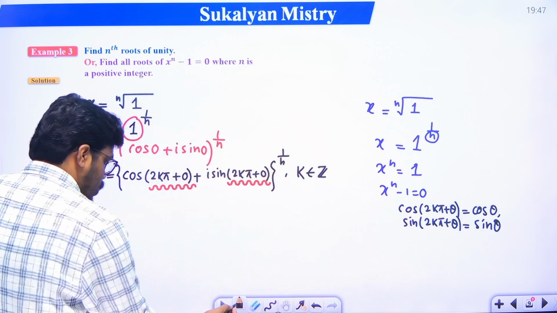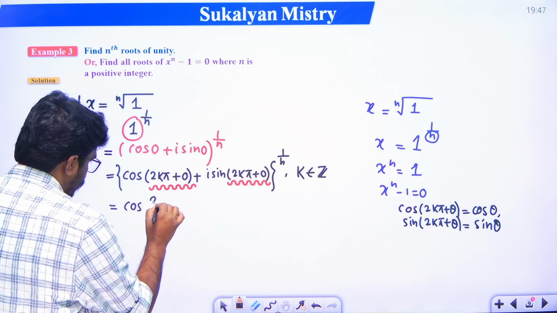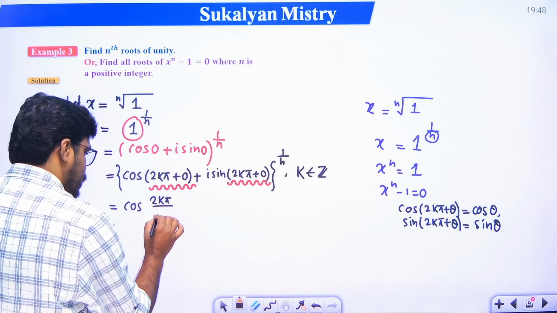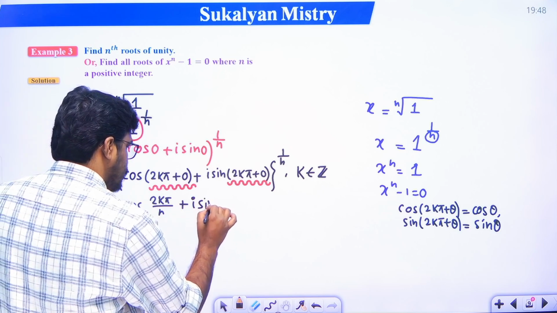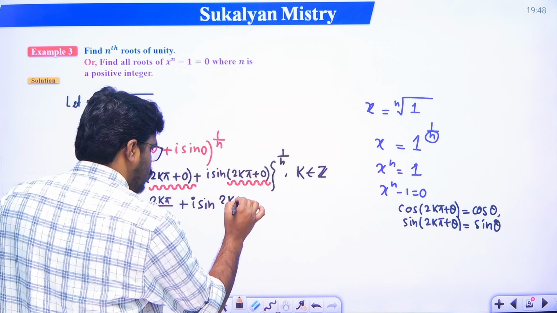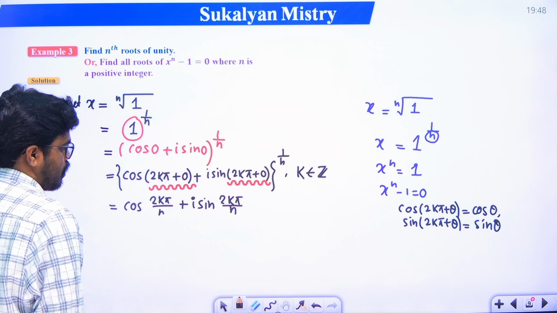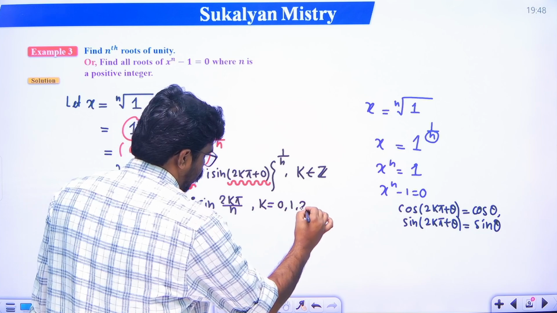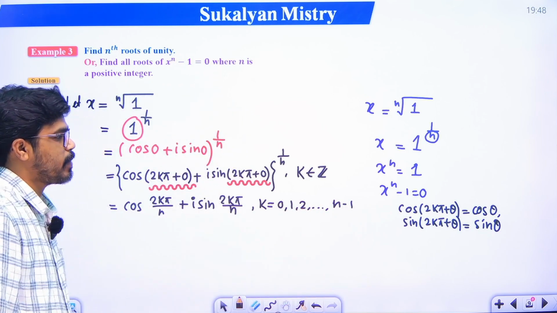So this equals cos of 2k pi divided by n plus i sin of 2k pi divided by n, where k is equal to 0, 1, 2 up to n minus 1, right?